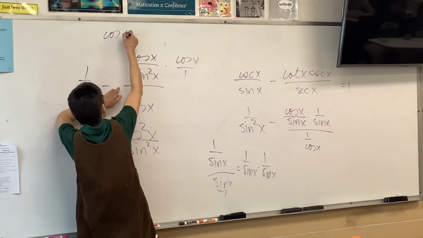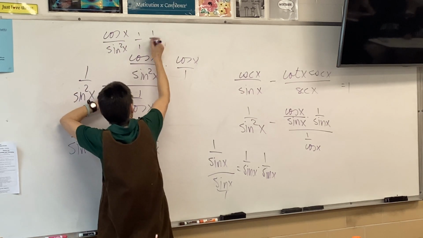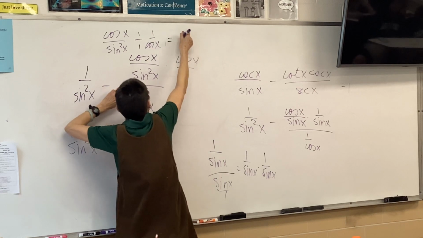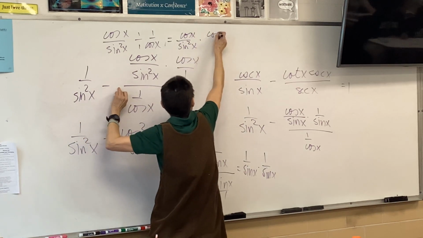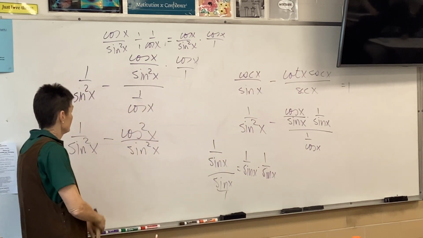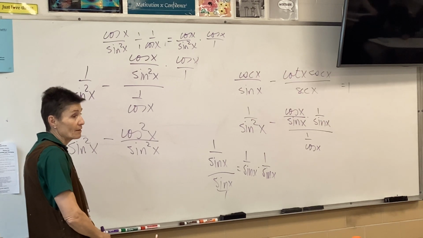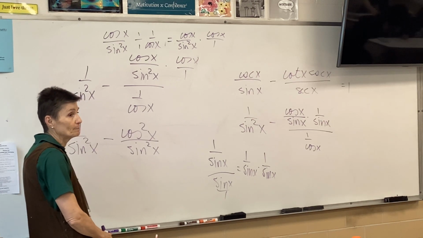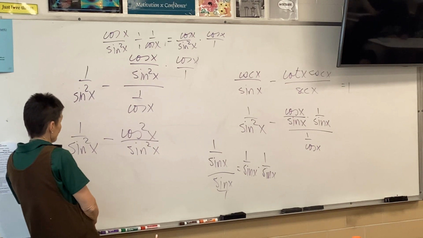Because I took cosine over sine squared and divided it by 1 over cosine, which is cosine over sine squared times cosine over 1. So we're multiplying everything by cosine? Yeah. And sine squared. If you do it that way, you have to multiply by both of them. That's 1 minus. All right.